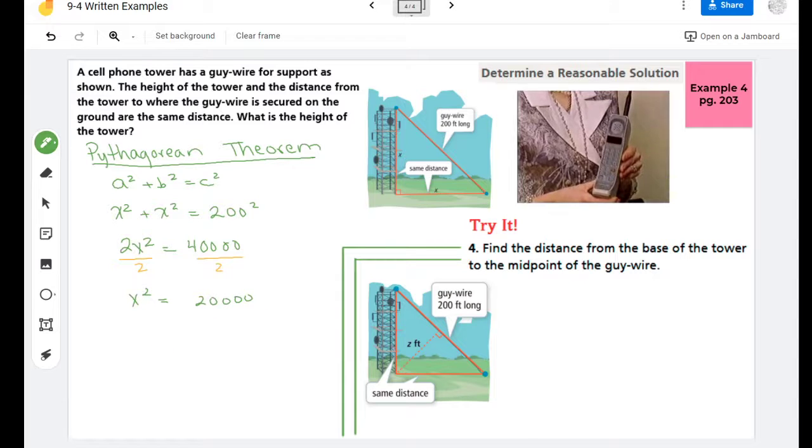And then to counteract the square, I need to take the square root. Now remember, anytime you take a square root, you need to put a plus or minus, or else you're wrong, because you're eliminating one of your answers. So I get that x equals the positive or negative, and I need to break apart this 20,000.